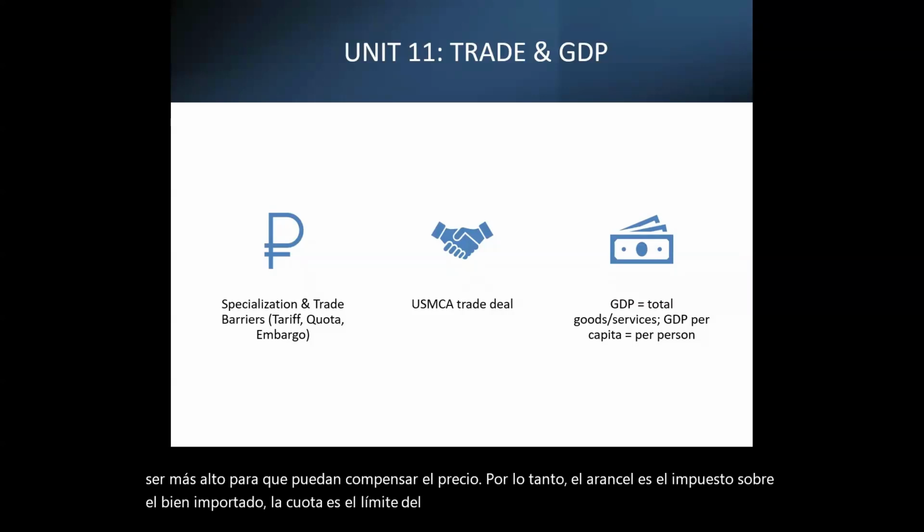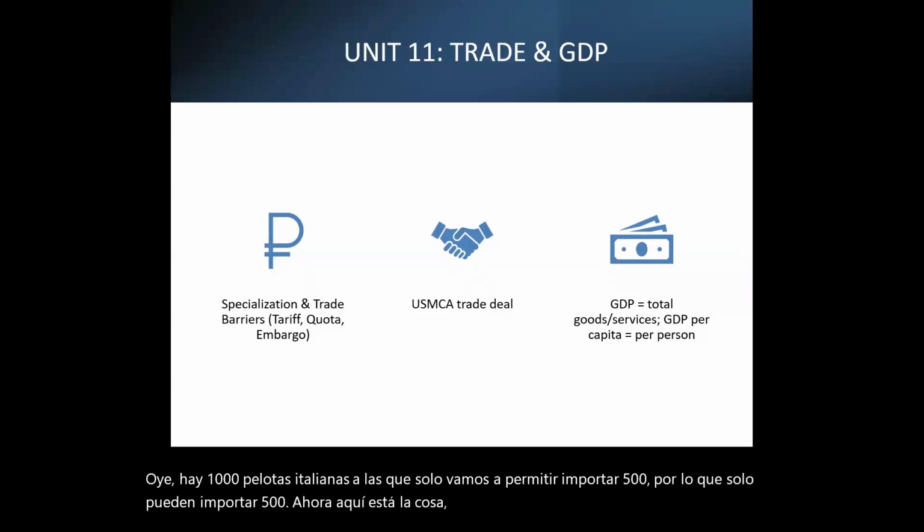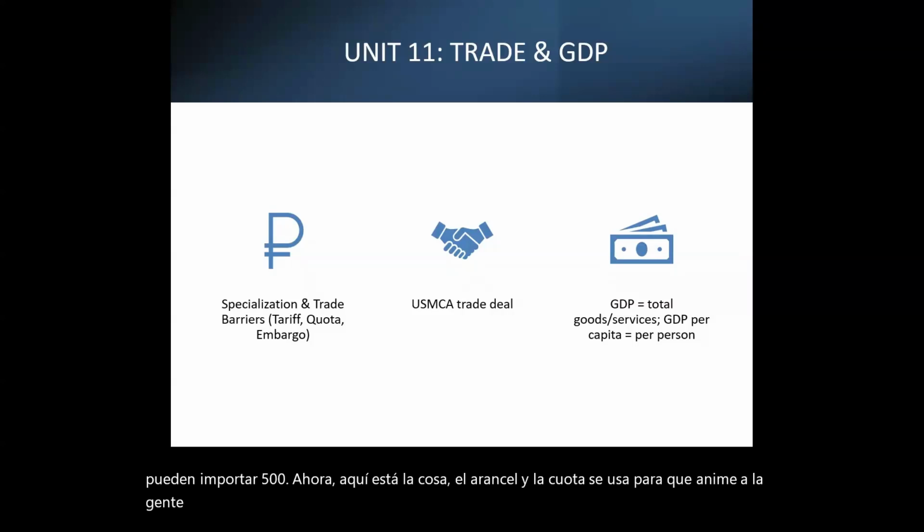That's if, hey, there are 1,000 Italian balls. We're only going to allow them to import 500. So they can only import 500. Now, here's the thing. Tariff and quota are used so that it encourages people to buy more of their own country's good.